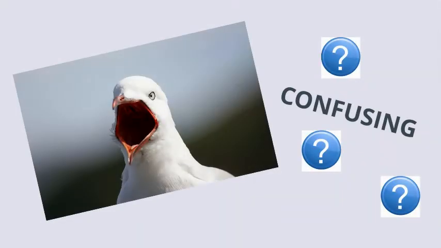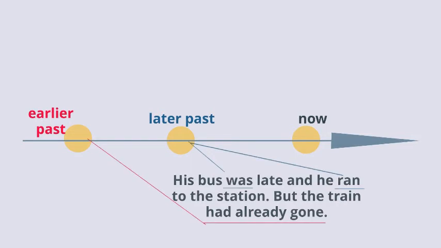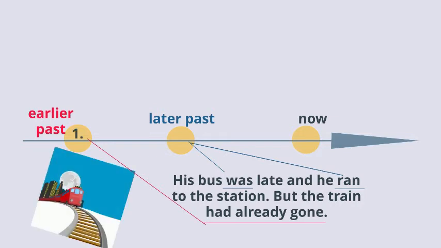A bit confusing, right? Let's have a closer look at these events with a timeline which will help us understand what exactly happened in that period of time. In these two sentences, we've got 3 actions from the past and they happened in the following order. 1. The train had gone.